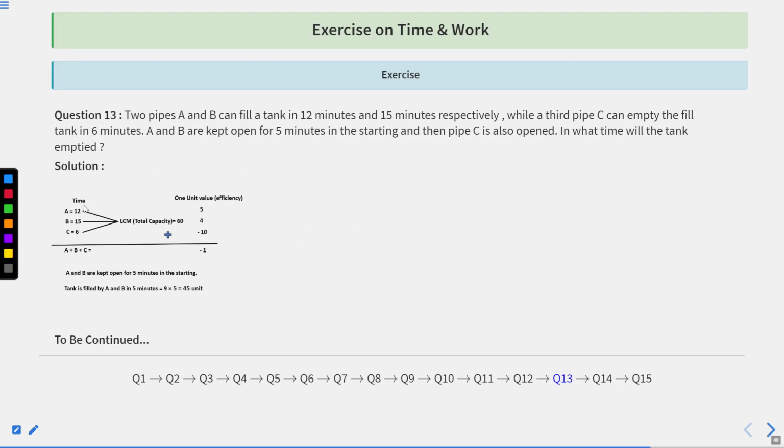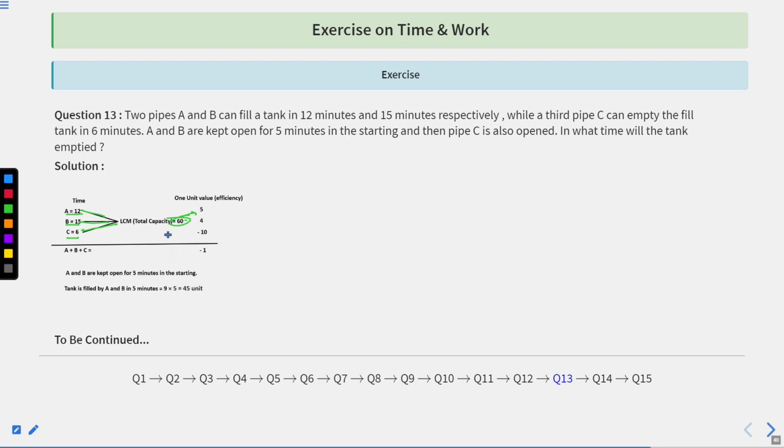So here we have A equal to 12 minutes, B equal to 15 minutes and C equal to 6 minutes. So the LCM helps you to know the capacity of the tank, that is 60 units. So what is the efficiency of each? That is A's efficiency is 60 upon 12, that is 5 units.